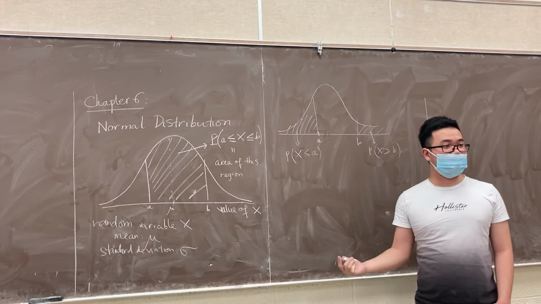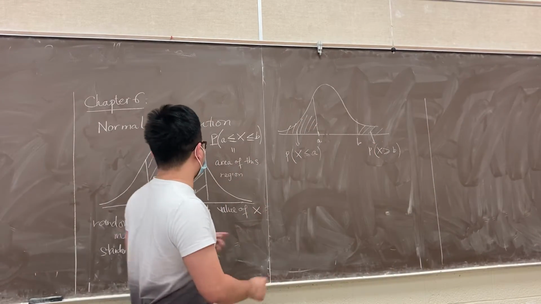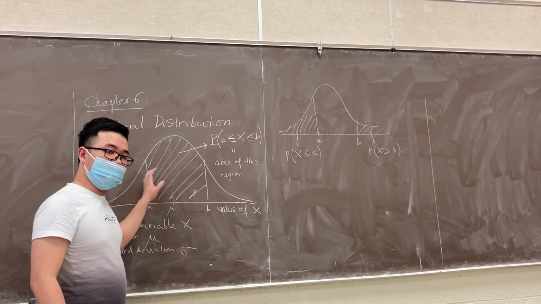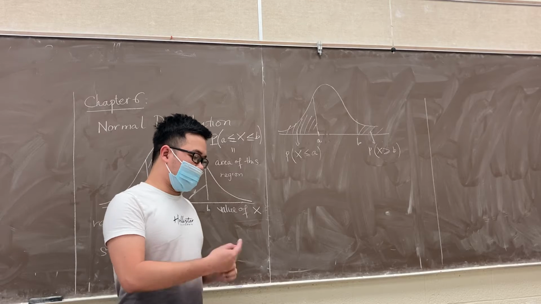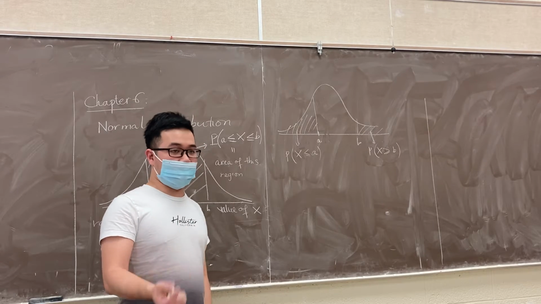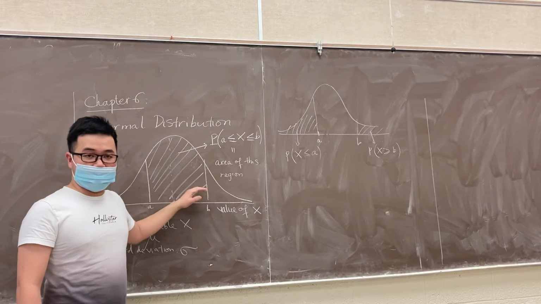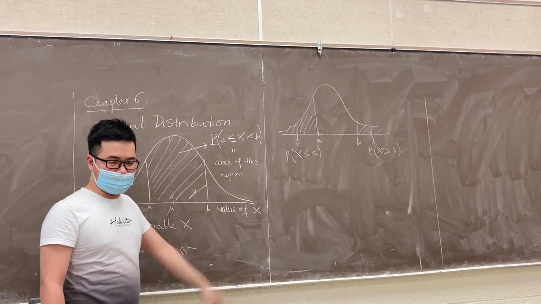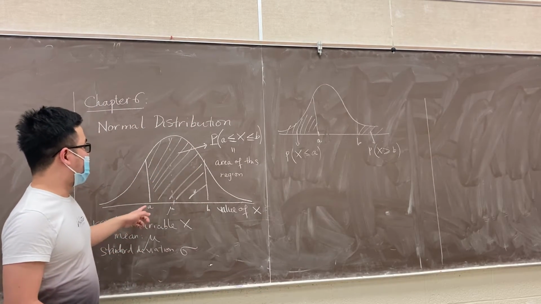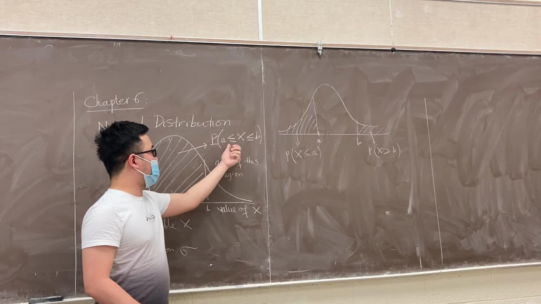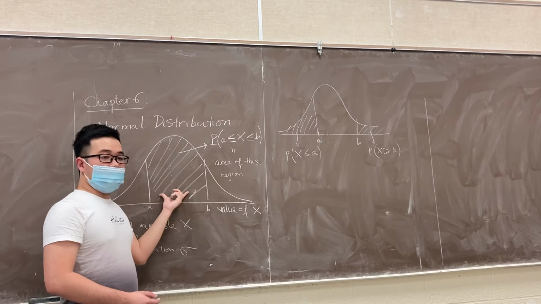Clear, right? One thing we need to remember is the area of the whole thing here. Because you know that the maximum value of probability is what? So the area of all of this is what? So to find the probability of x, for example, from A to B, we only focus on calculating the area of this region.